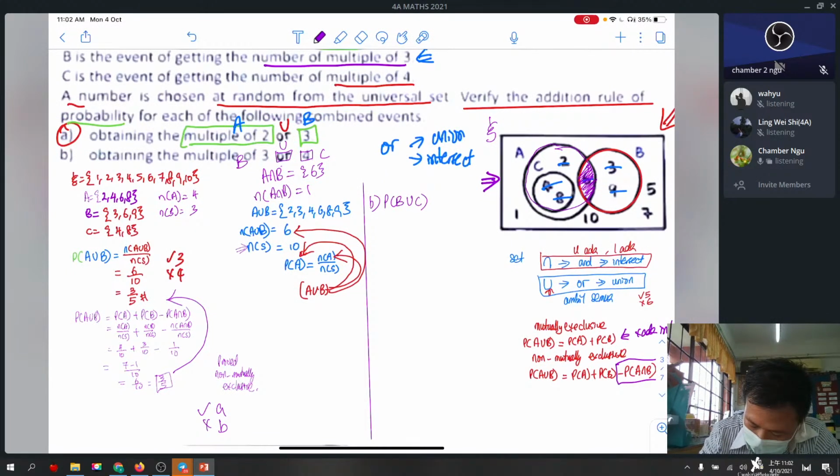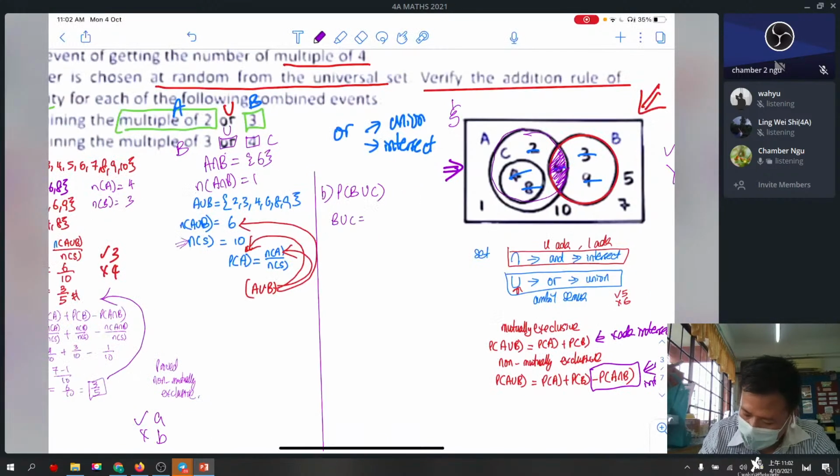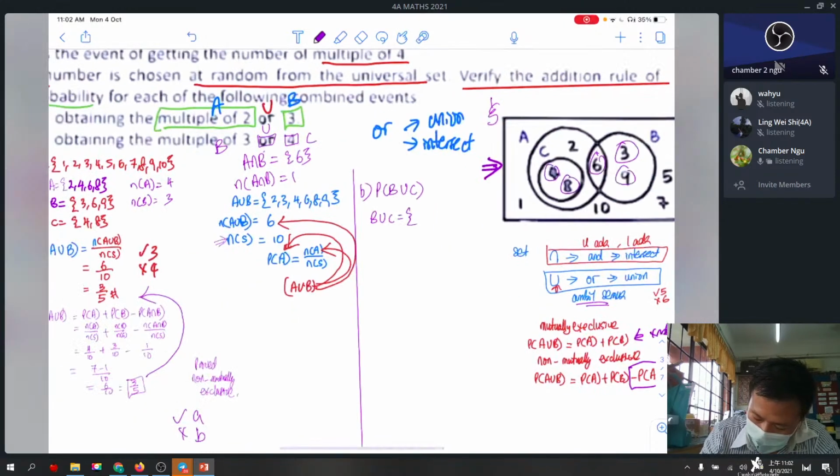So we try to find the set for B union C. Union means we take everything, take all. So, if I erase this, what are the elements in set B? 3, 6, 9. The elements in C are 4 and 8.